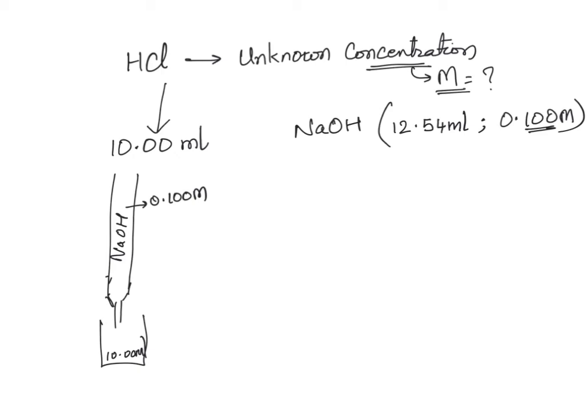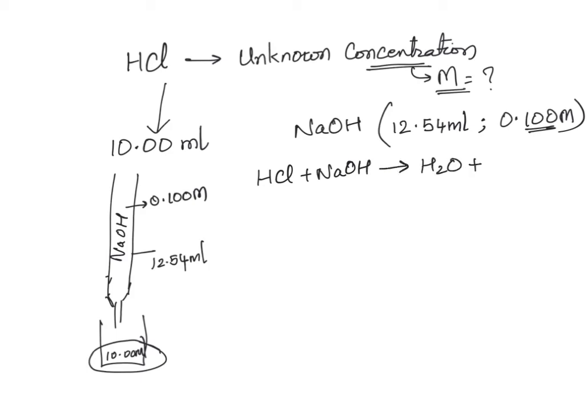As soon as you put in 12.54 milliliters of sodium hydroxide, the solution turns pink, indicating that the reaction is complete. So what is the concentration of HCl that you're using here? HCl plus sodium hydroxide yields water plus sodium chloride. This is a double displacement, H and OH, H2O, Na and Cl, NaCl, double displacement reaction.